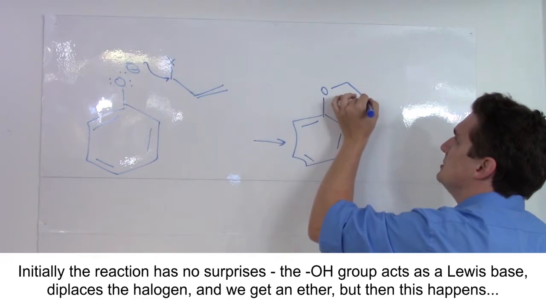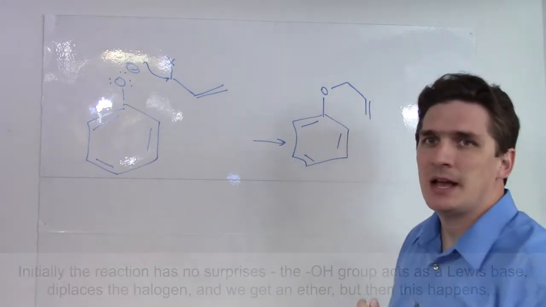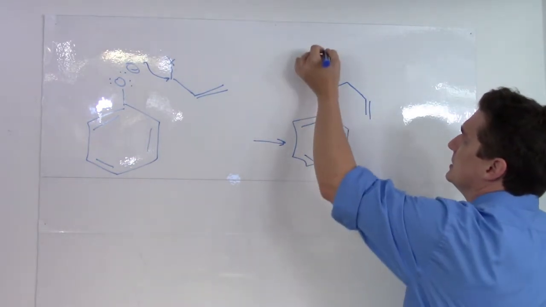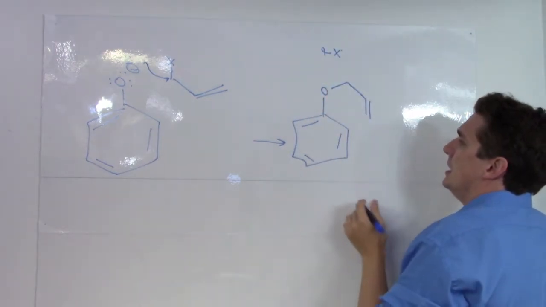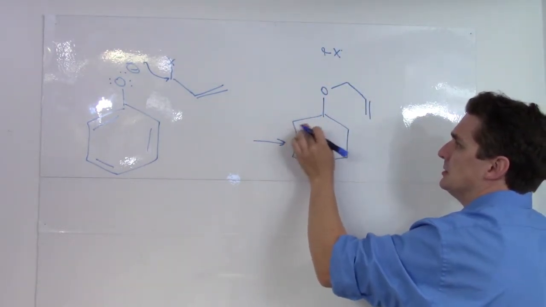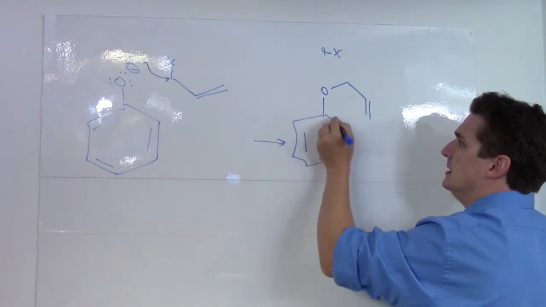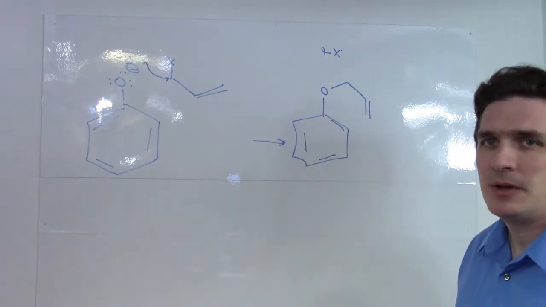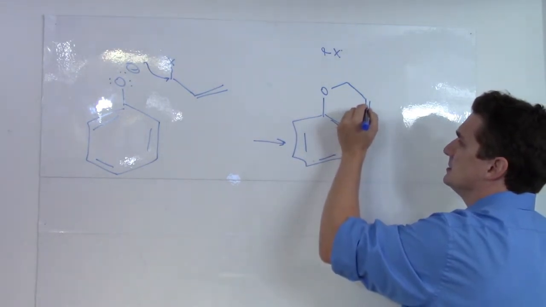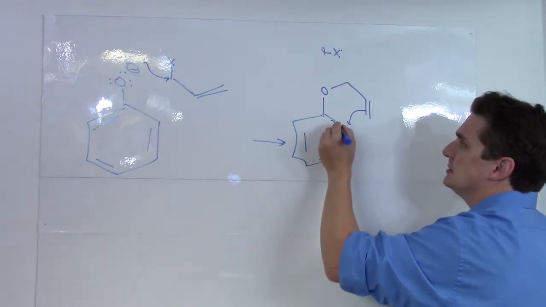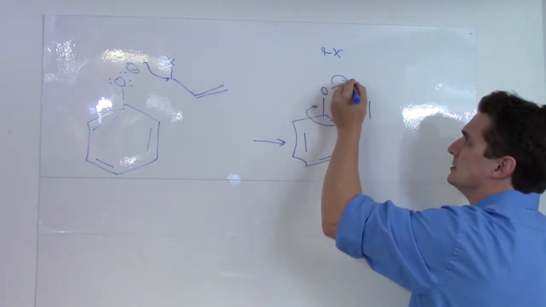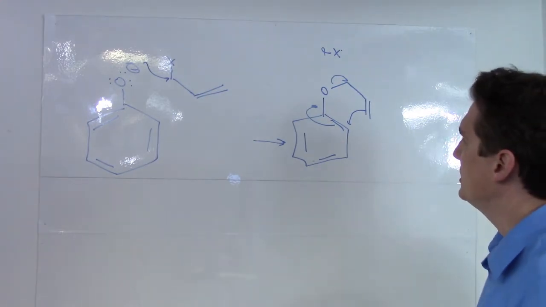So what I'm going to do is intentionally draw this so you can see how this can form a six-membered ring. And what will happen, I guess I need to rearrange my double bonds here, is that this double bond will attack the ring. And we'll end up rearranging it.